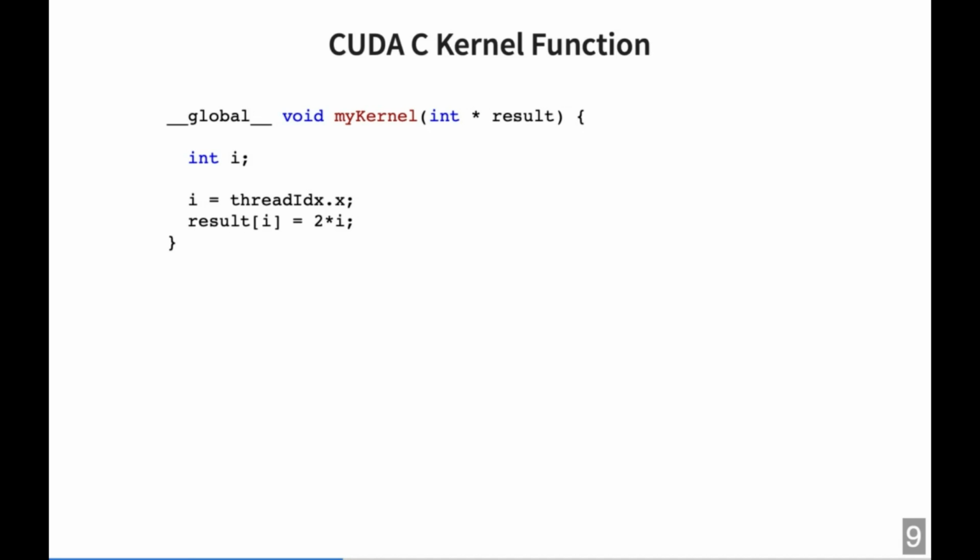So this threadIdx is one of these dim3 structures which has a special status in CUDA, and it is supplied by the runtime and will take on the appropriate value for each thread that we are going to use to decompose the loop.